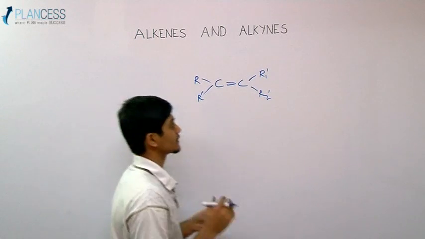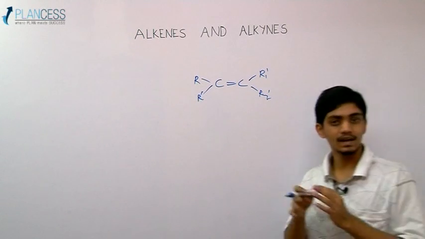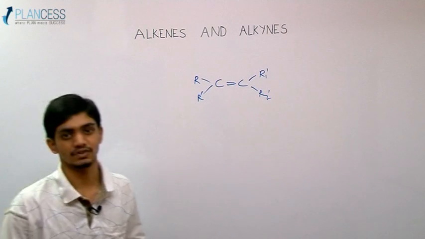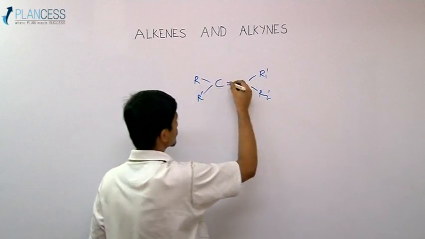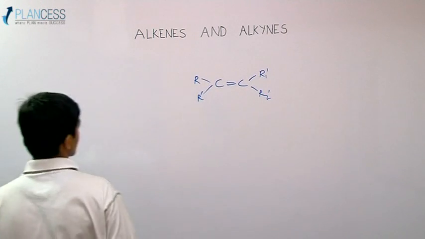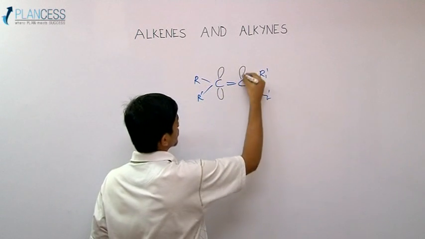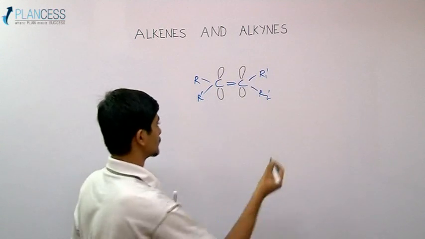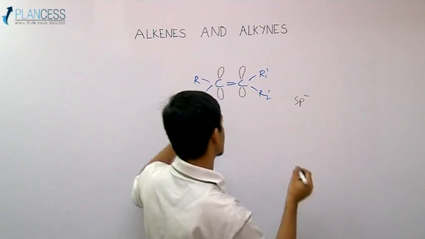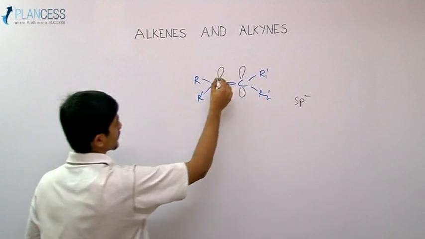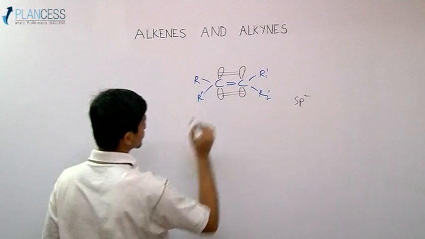What difference comes in the properties of alkenes and alkanes due to this structure? First of all, the difference between the structure is that there is a pi bond present over here. So this is an sp2 carbon as we know, and so there are 3 sigma bonds and there is one pi bond which is something like this.